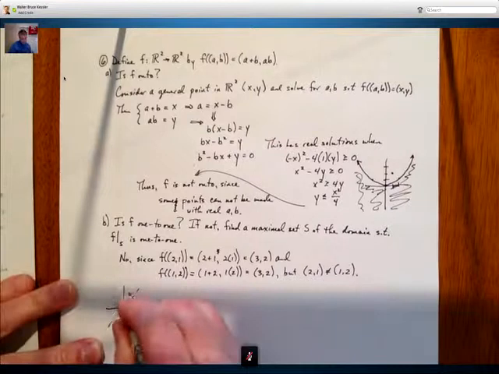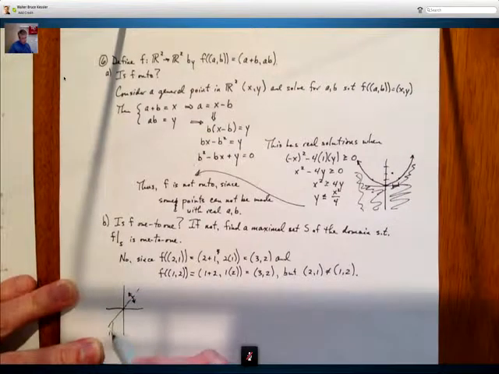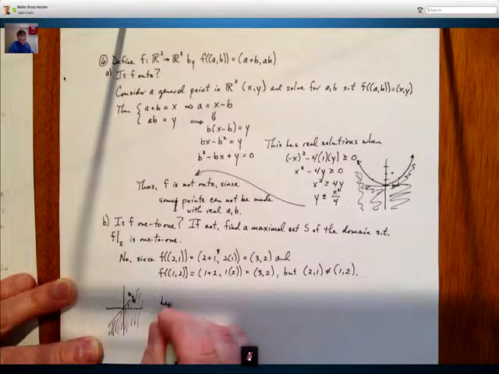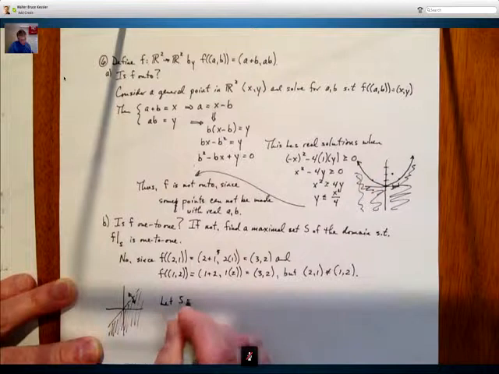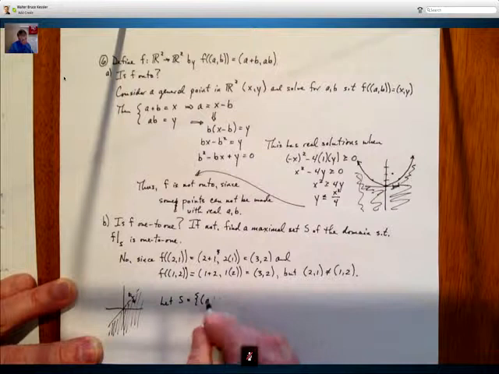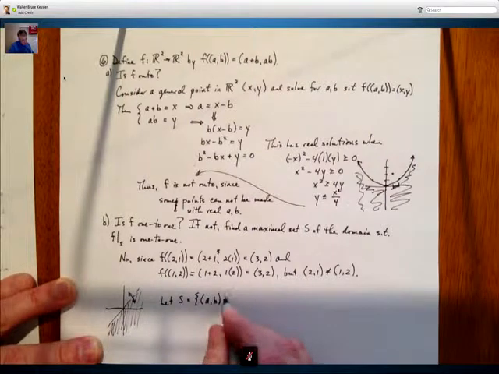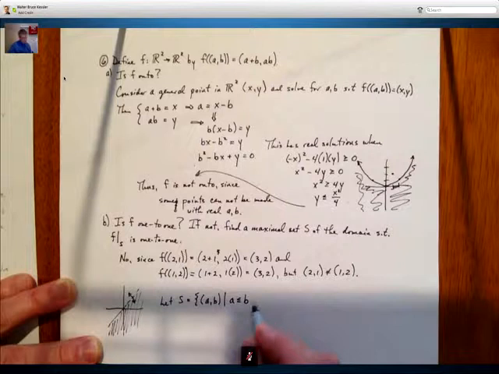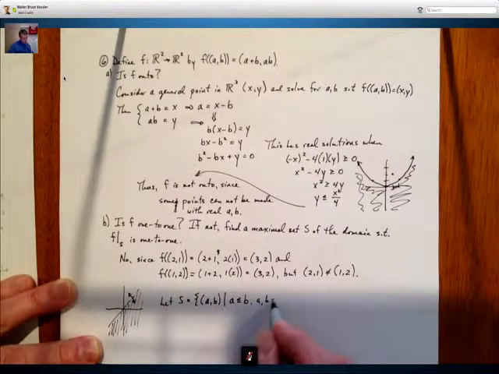We flop over this line. So what I need to do is take one of these half planes, either the one below or the one above, and let S be the set of, I don't know, A, B, such that A is always less than or equal to B, for example. A, B, real numbers.